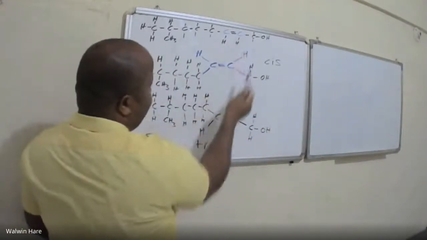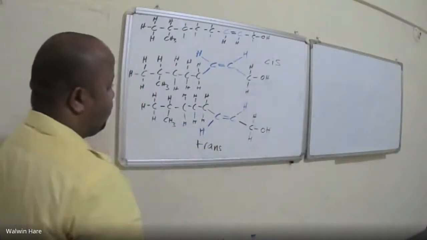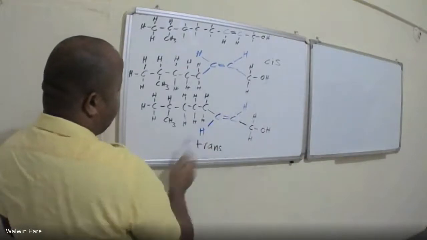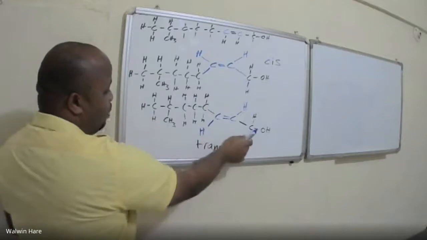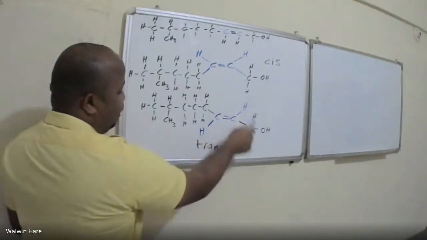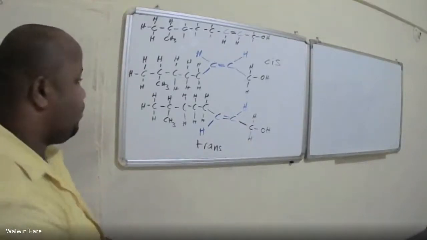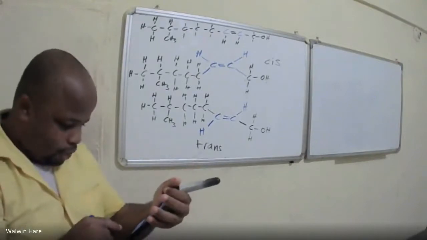Same thing for this carbon, it has the hydrogen and then CH2OH. Down here, just put the hydrogens across from each other. This one, I chose to put this one. I could have done it with this one. So I carry this up and bring the hydrogen down. So whichever one you prefer, it's okay. Alright, so that's cis and trans.